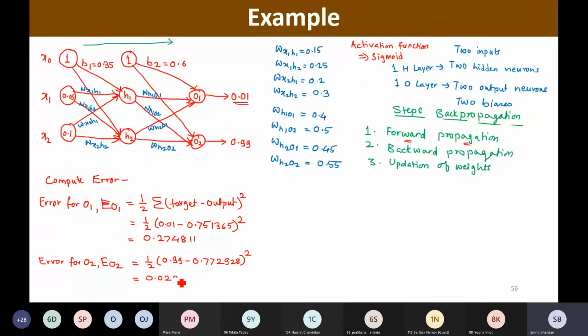So obviously the total error, if we compute, it is EO1 plus EO2. So 0.274811 plus 0.02356002. So it comes out to be 0.2983711.